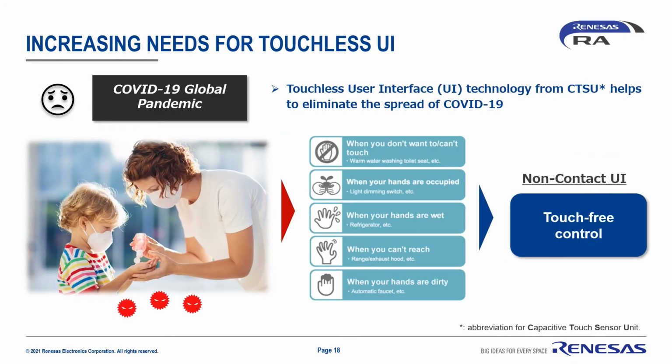During this complex period and all the COVID-19 effects, we need non-contact HMI in order to avoid contamination. And that is why we think that our solution, proximity and gesture recognition, could help answer the needs of this market.